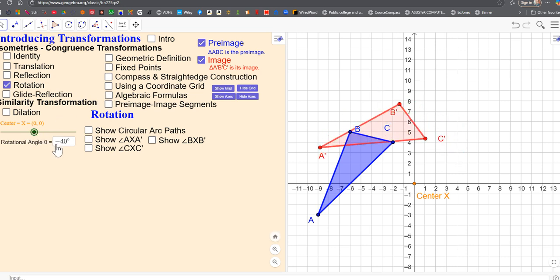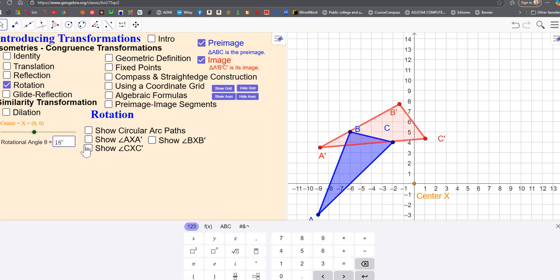Let's look at what happens with 180 degrees. That one is a particularly interesting one.